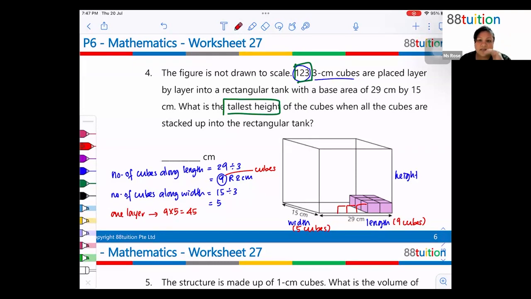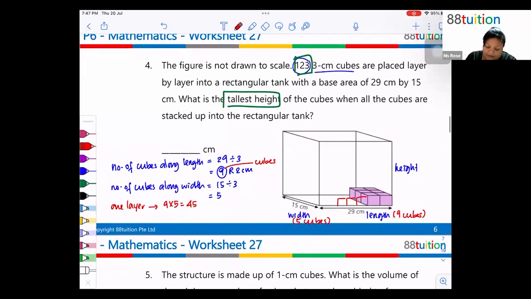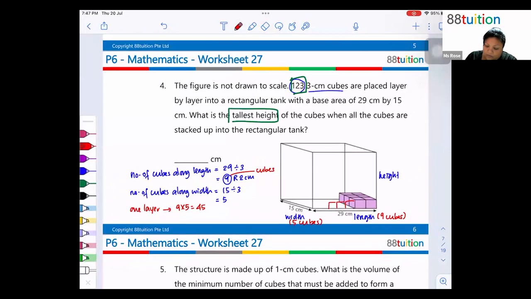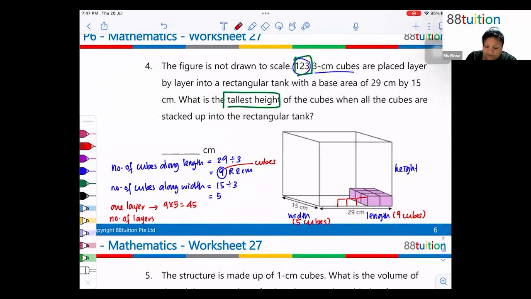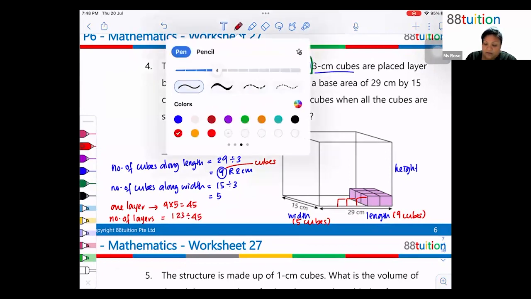So since every layer has 45 cubes, how many layers can I get? So the number of layers would be 123 divided by 45 to give me how many?